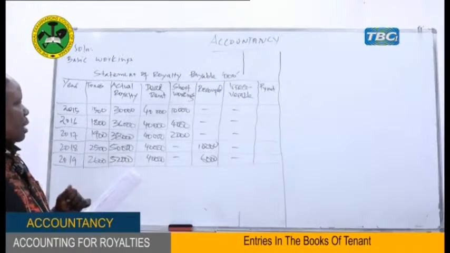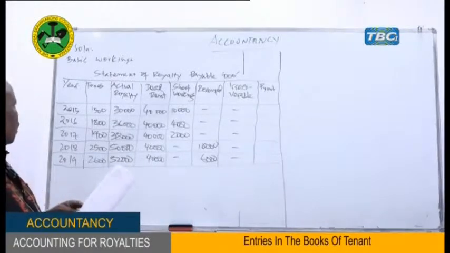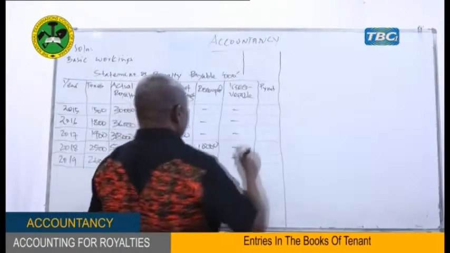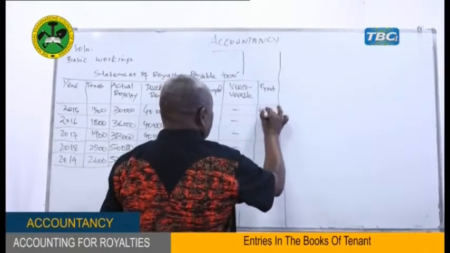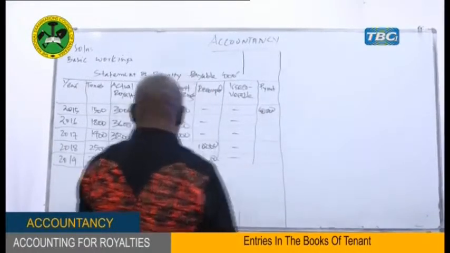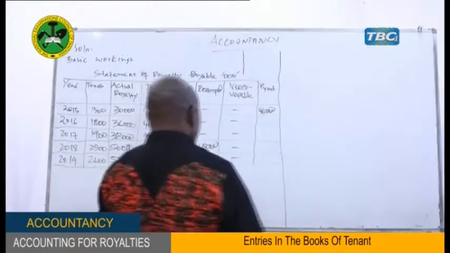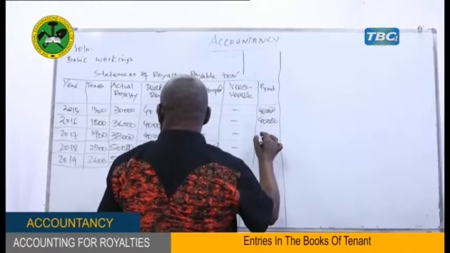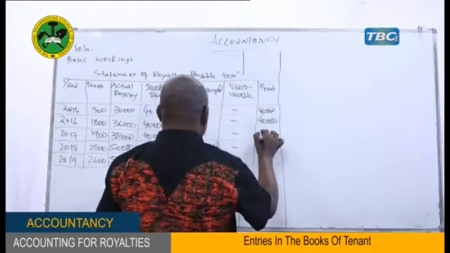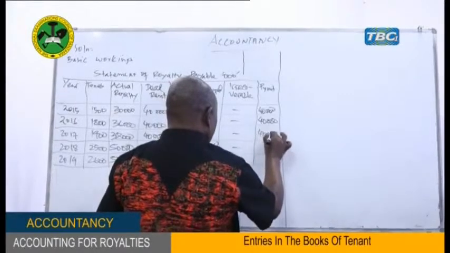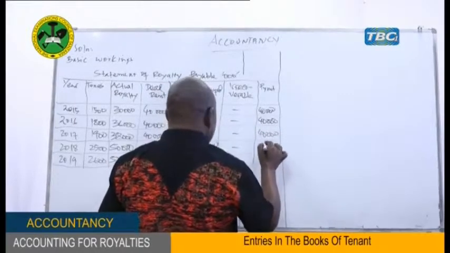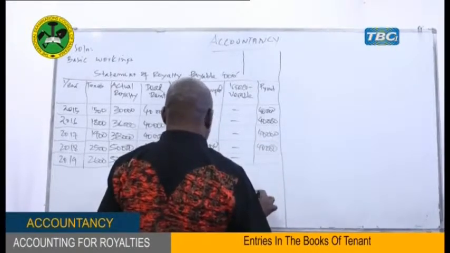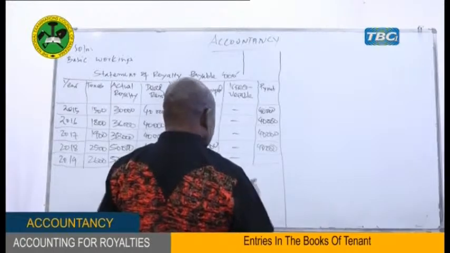Therefore, the payment now for the year 2015 to the landlord will be 40,000, and 2016 will be also 40,000. 2017 will be 40,000. 2018 will be 40,000. And 2019 will be 46.